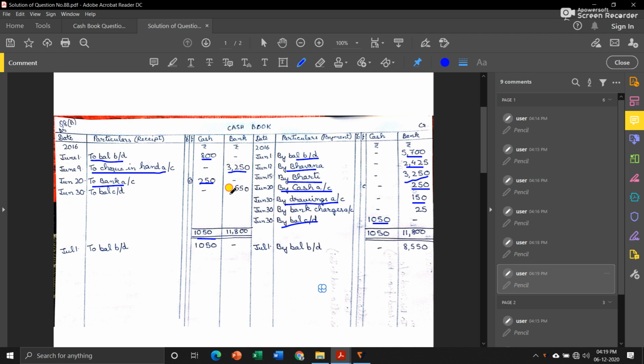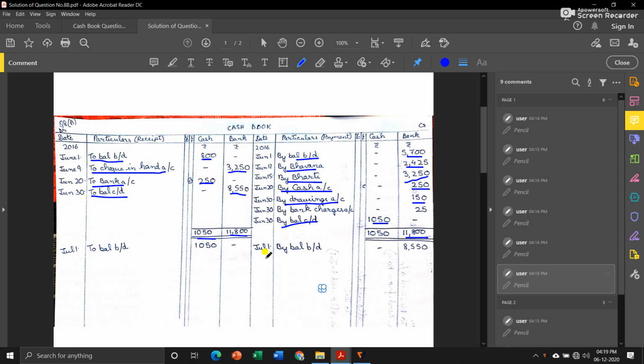After deducting, we got 8550 on the debit side. That means we need 8550 more on receipt side to balance both columns on the debit and credit side. So what we will do is write in here balance carried down 8550. Altogether we have 11800 on both the sides.